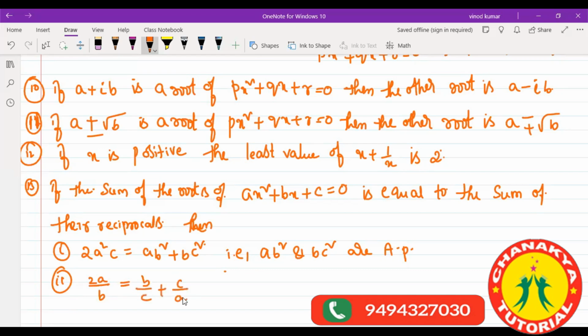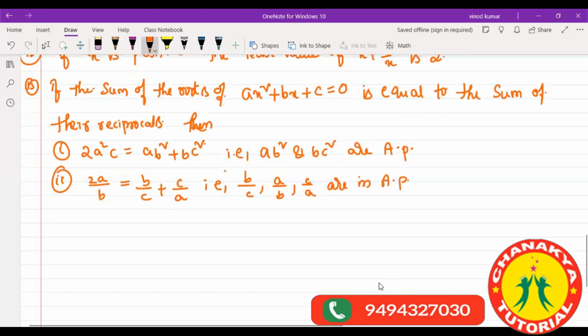Here also b by c, a by b, and c by a are in arithmetic progression. Generally we are making c by b, a by b, and a by c are in harmonic progression.